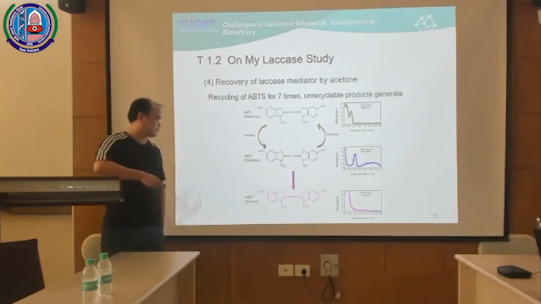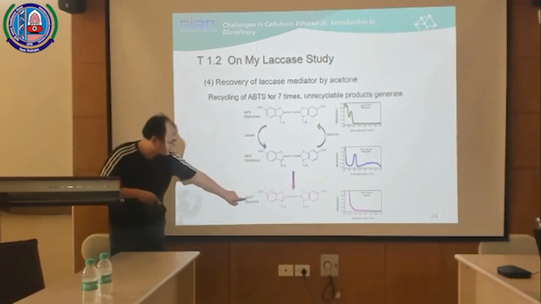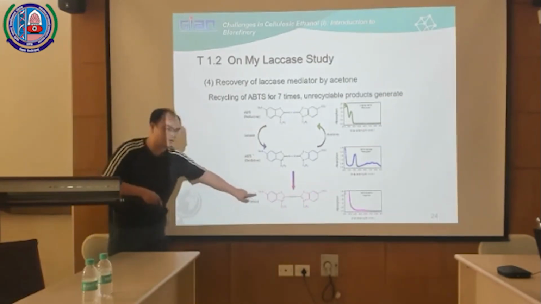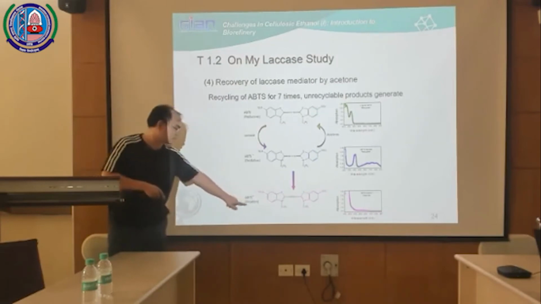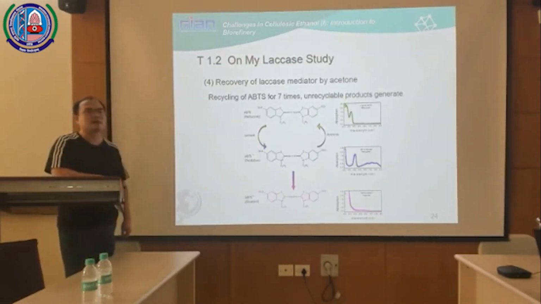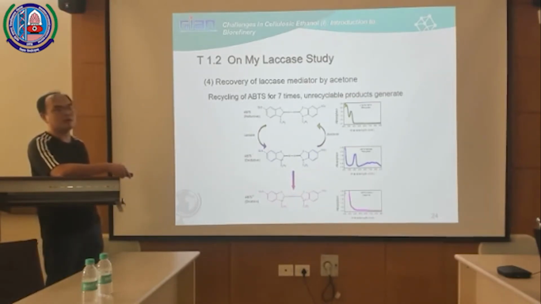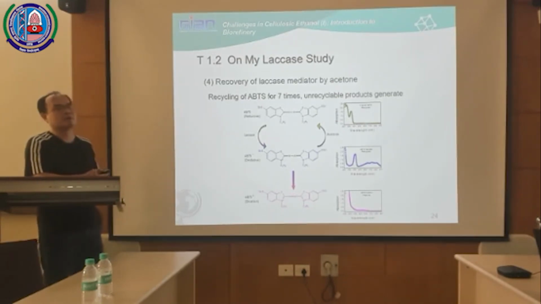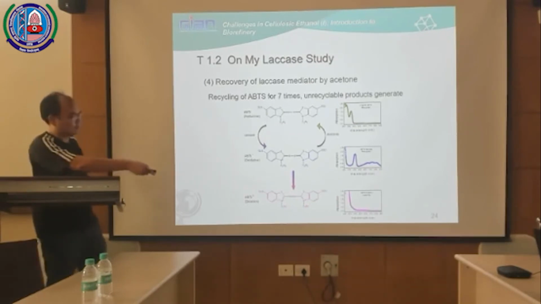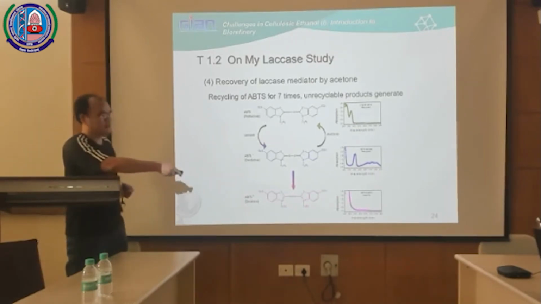We proposed that we have another form of ABTS. This ABTS is a dication. It's not a radical. It's the final stage of ABTS after 7 recycling rounds. For the first time, we get this UV spectrum.